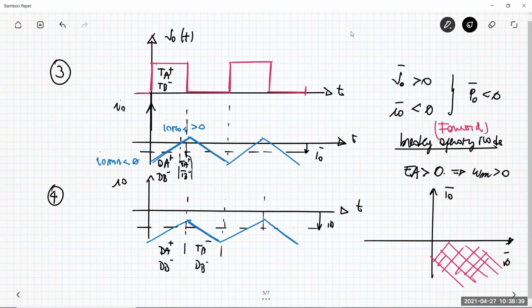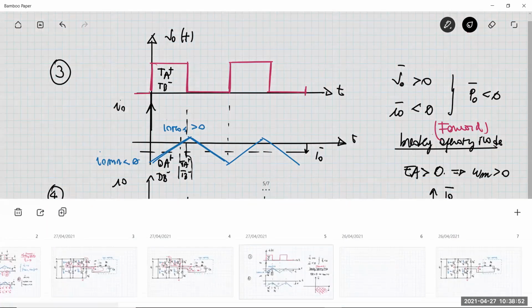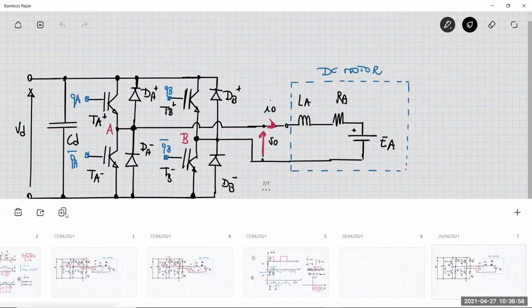Questions about this discussion here? The way I derived the devices that conduct the current, or the way I drew this variable, whatever.